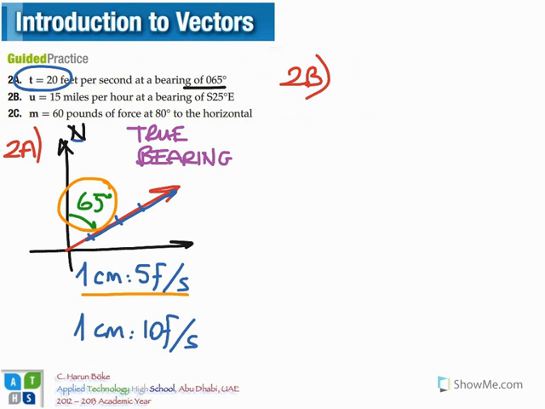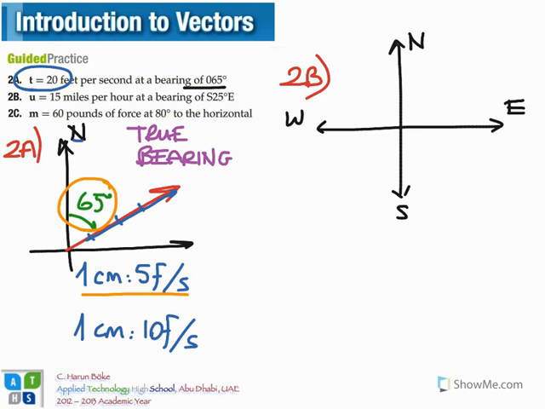So considering my coordinate plane, the southeast will be the fourth quadrant, so my vector will be around here. Now, to find the direction of my vector, I'm going to measure 25 degrees of angle from the vertical axis. So my vector will point somewhere like this as my angle will be 25 degrees.